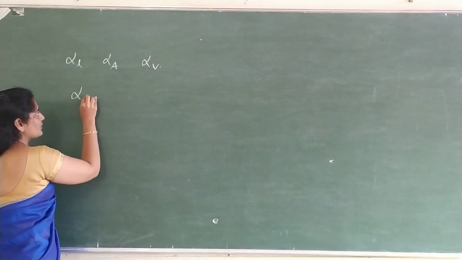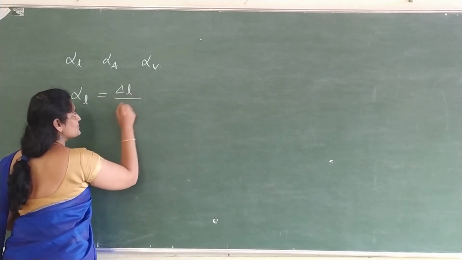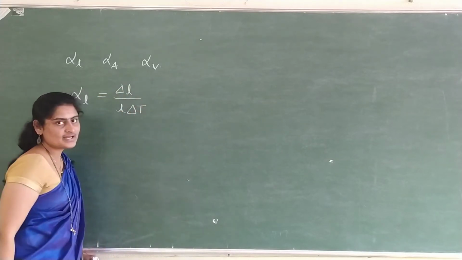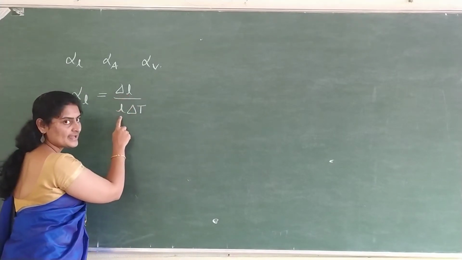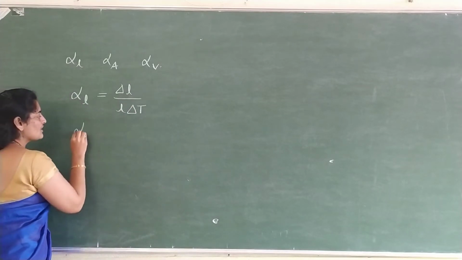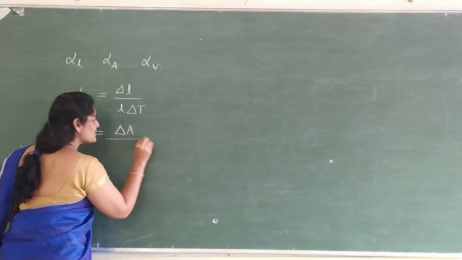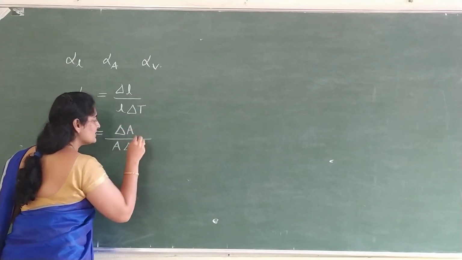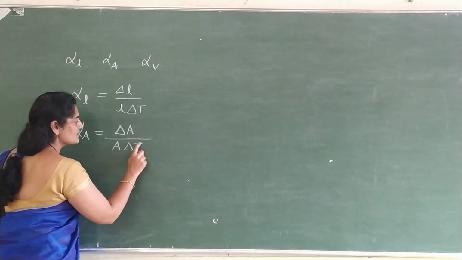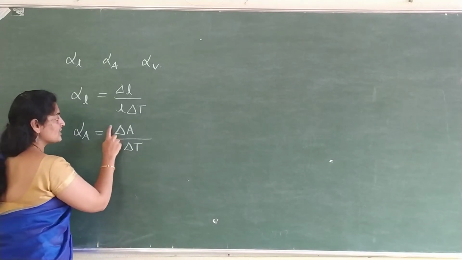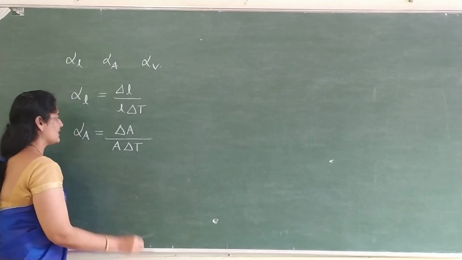Alpha L, the coefficient of linear expansion, is defined as the fractional change in length per degree rise in temperature. The relation is alpha L equals delta L divided by L delta T. Similarly, the coefficient of area expansion is defined as the fractional change in area per degree rise in temperature, where delta A is the change in area, A is the initial area and delta T is the change in temperature.